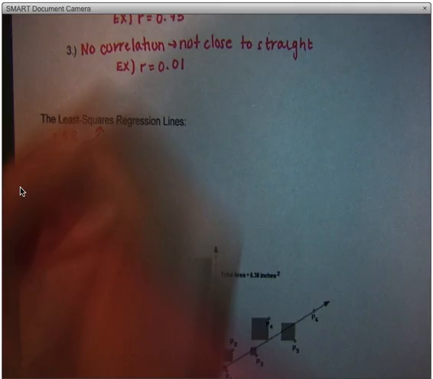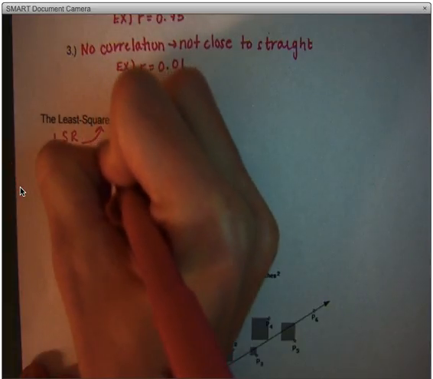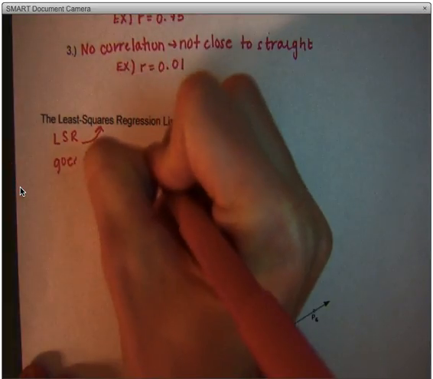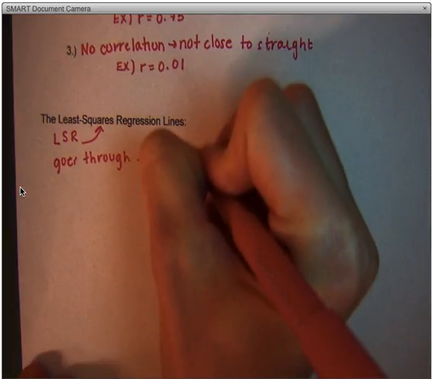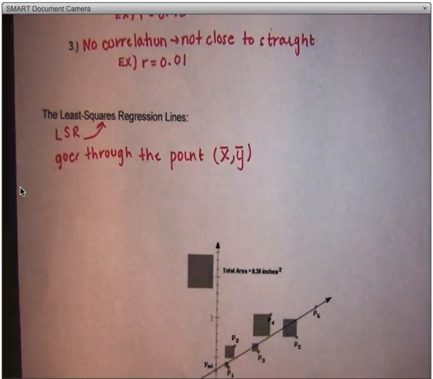Okay, and it goes through the point x bar, y bar. Okay, so x bar, y bar will come from your calculator. So after you graph your data and you graph x bar, y bar, your line of best fit, or your LSR, is going to go through that point.